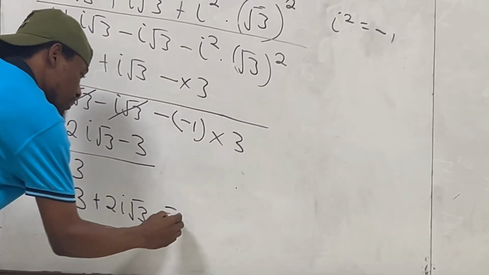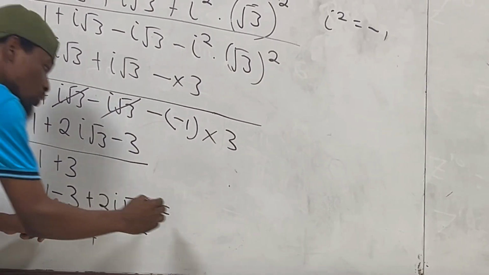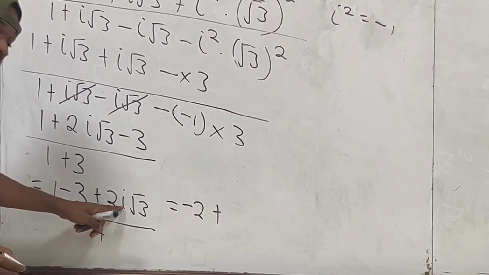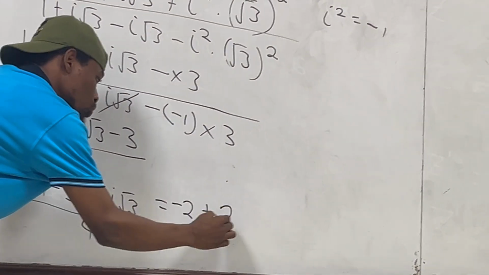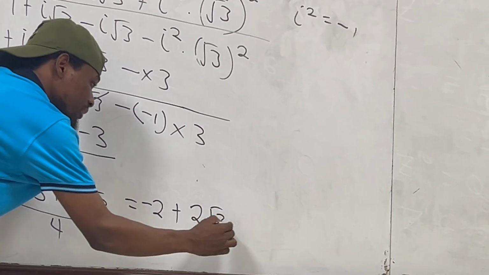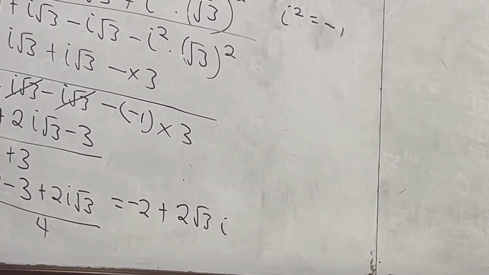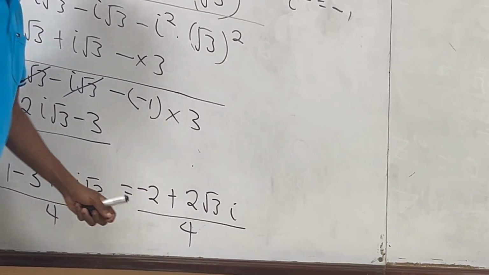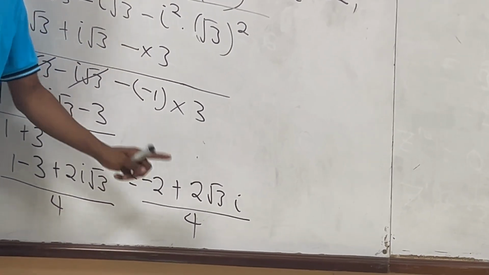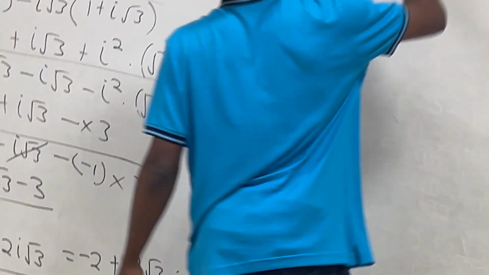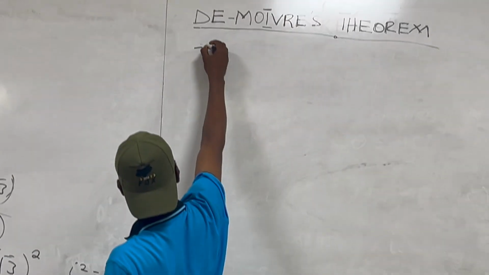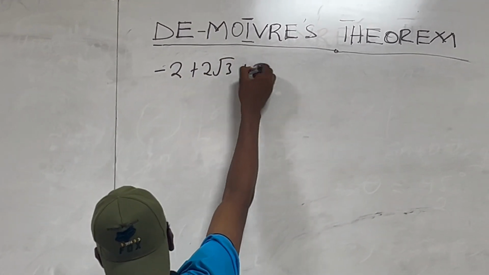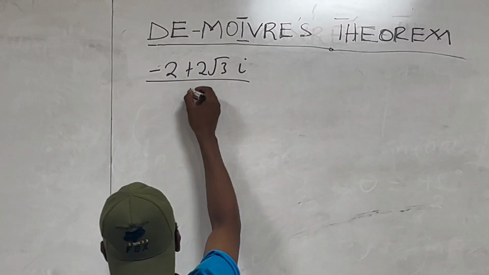So this is the same as −2 plus 2√3 i all over 4.